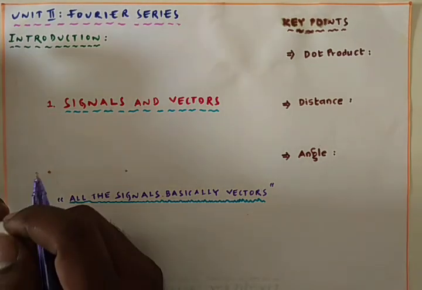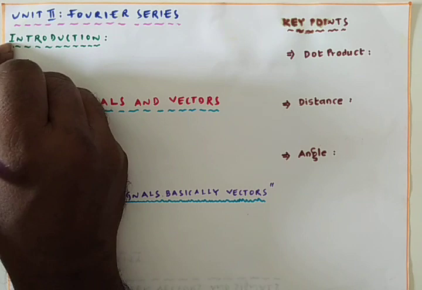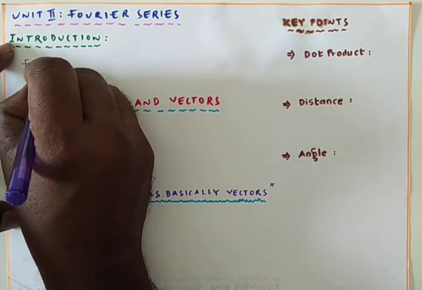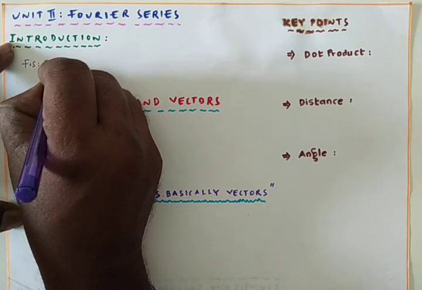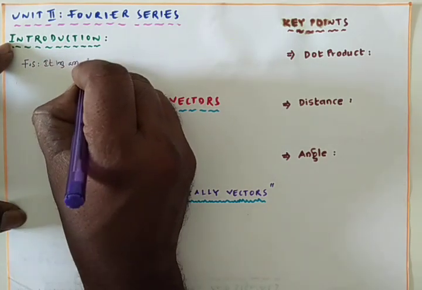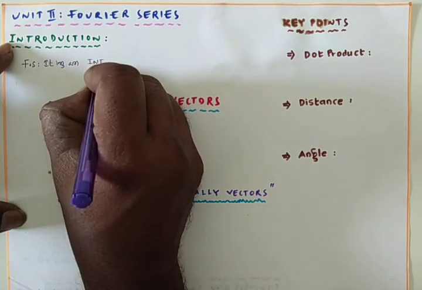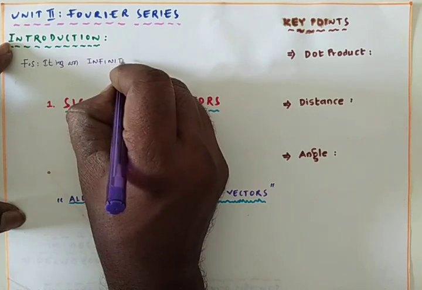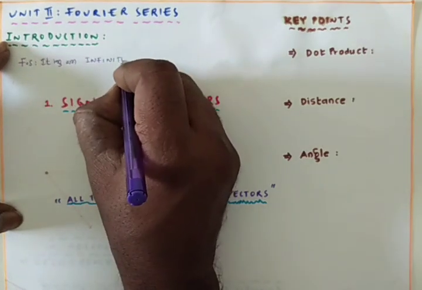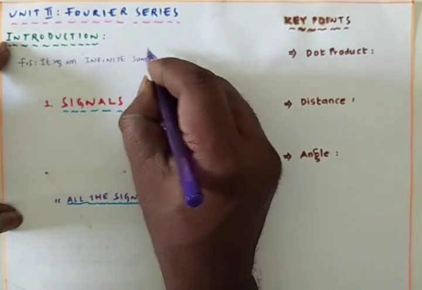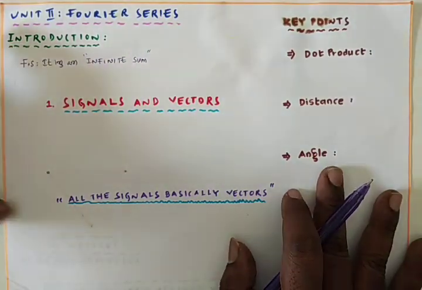The Fourier series is an infinite sum, infinite meaning minus infinity to plus infinity. An infinite sum of trigonometric functions. What are the trigonometric functions?